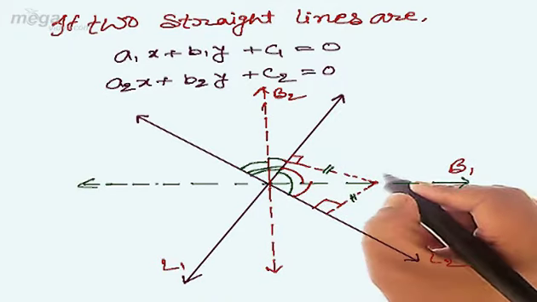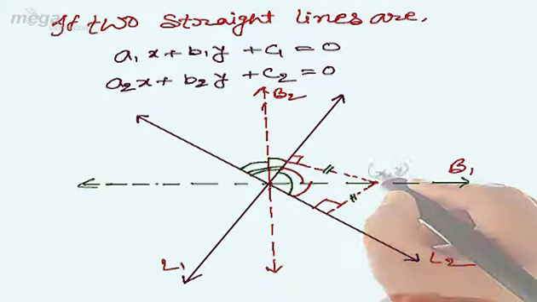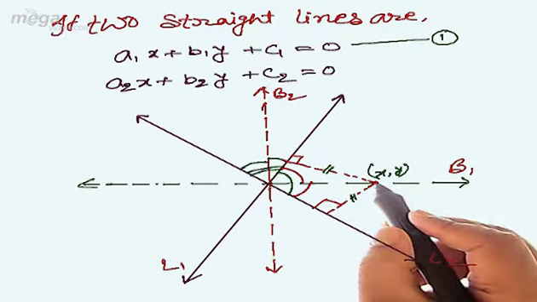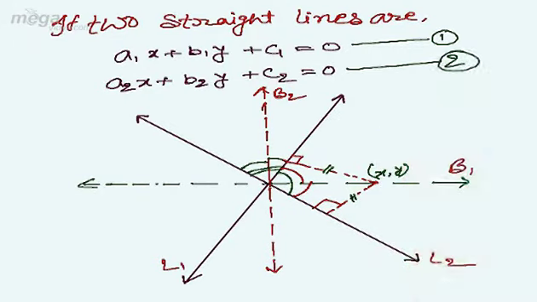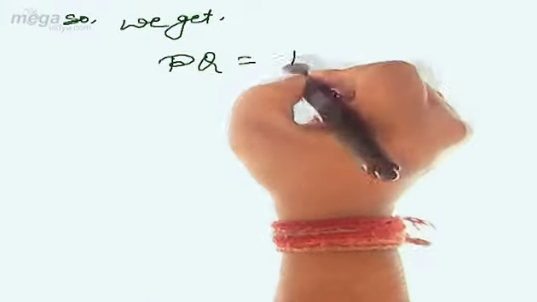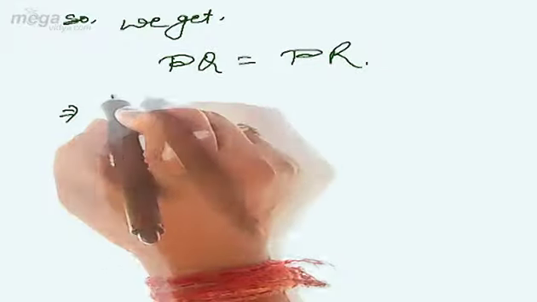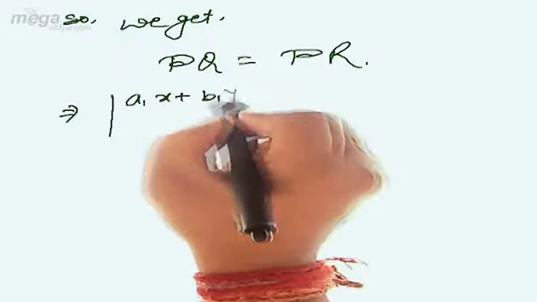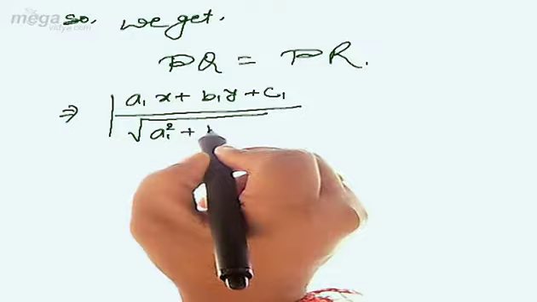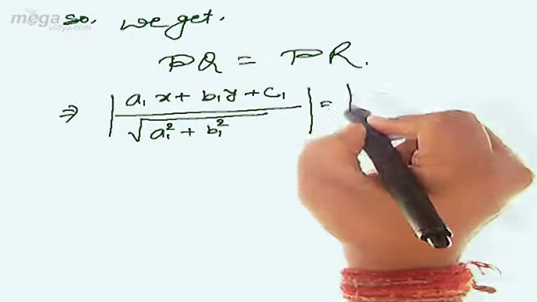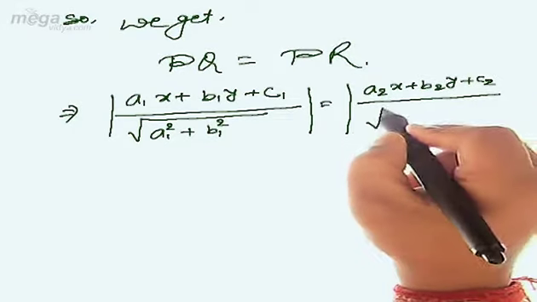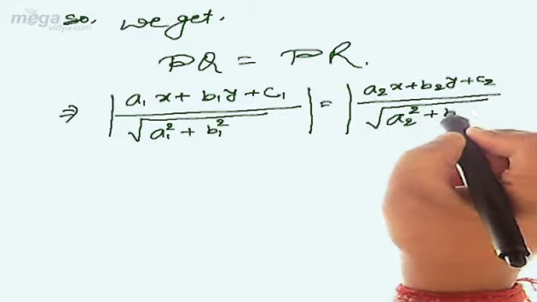If we take this point as (x, y), then the distance of (x, y) from the first line and the distance of (x, y) from the second line should be equal. So we get PQ equal to PR, and hence |A1x + B1y + C1| / sqrt(A1² + B1²) = |A2x + B2y + C2| / sqrt(A2² + B2²).